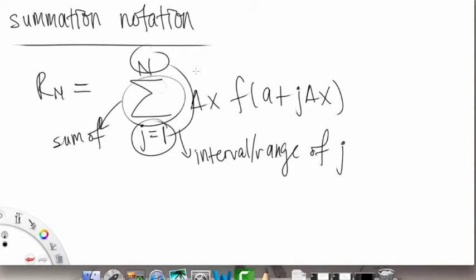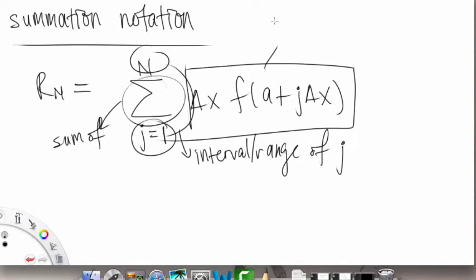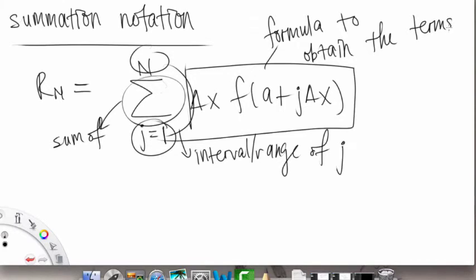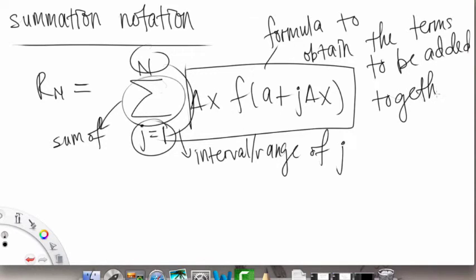Whatever we see after the summation symbol is the formula for how to obtain the terms to be added together, or summed. So let's take out this delta x, because it's the same in all the terms.